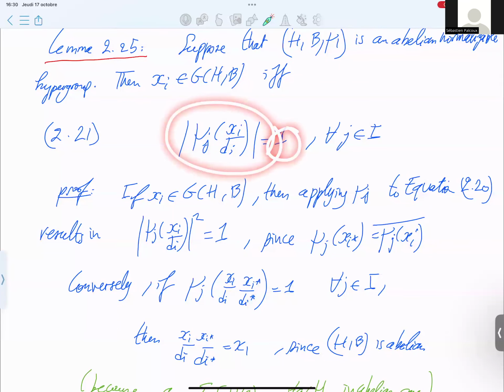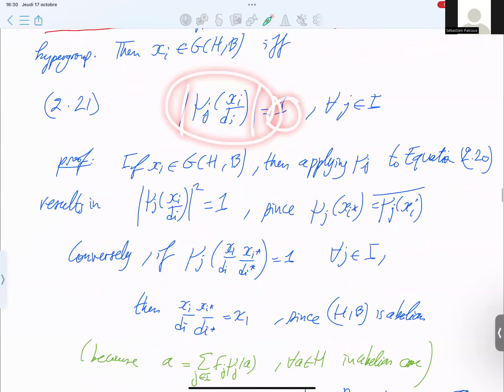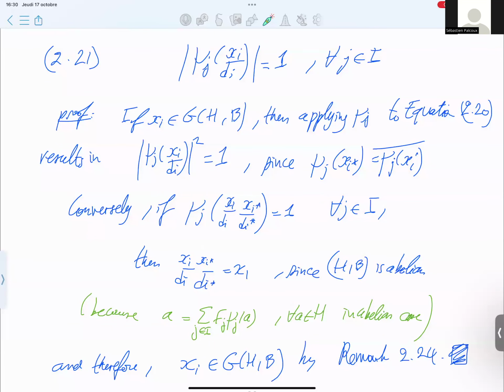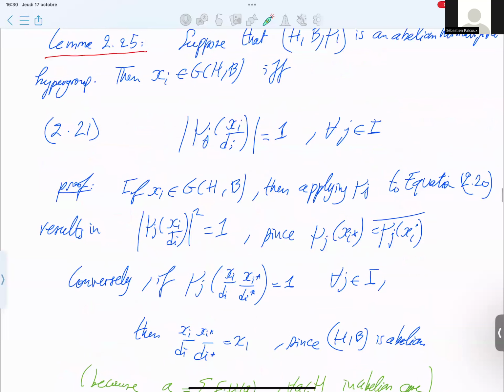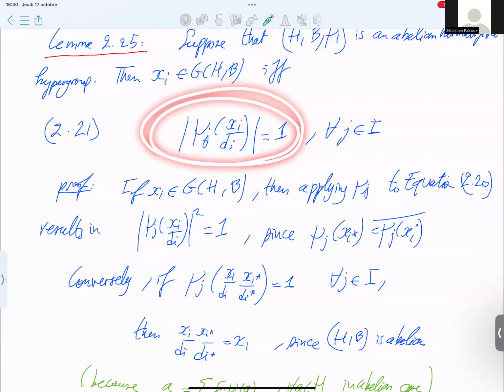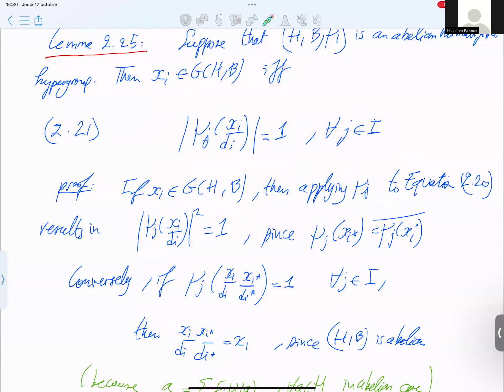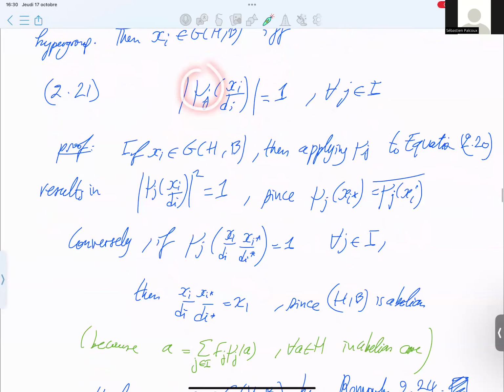So an algebraic integer of modulus 1 is a root of unity. Anyway, so this is equivalent to being group-like involving all the linear characters.